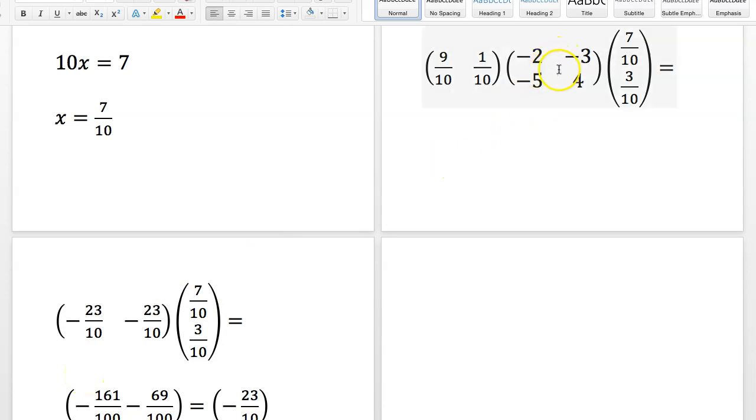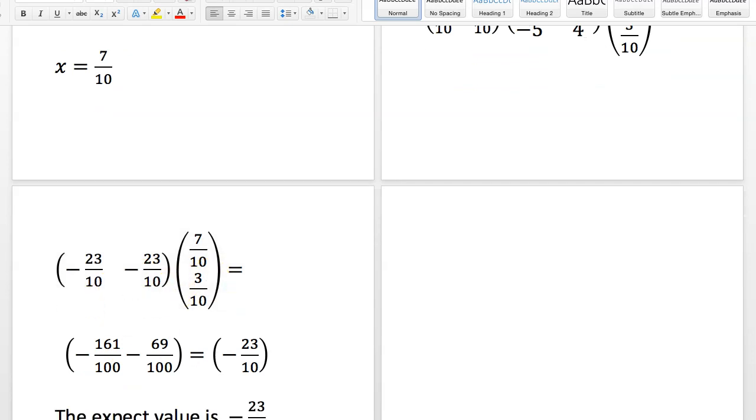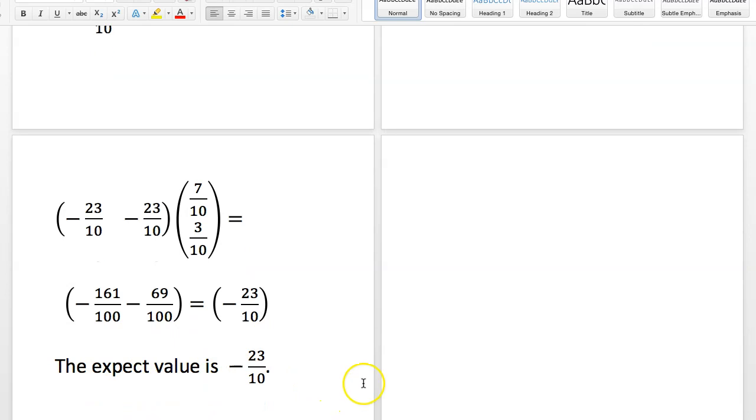If you ever do matrix times vector, you'll get a vector. But anyway, I went the other way. So here's my covector times my vector, but that's just going to give a pure 1 by 1, which might as well be a pure number. So my expected value is negative 23/10.